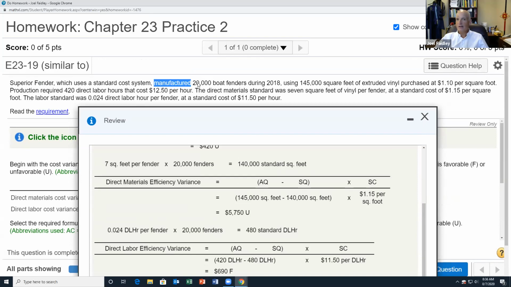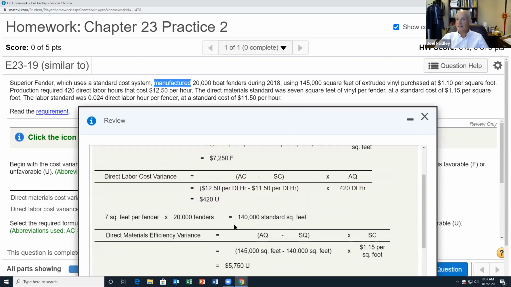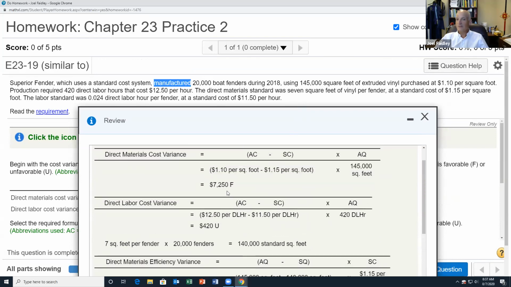So if I manufacture 20,000 actual fenders and I'm supposed to use 7 square feet, that's 140,000. That's what I should have used based on the actual production at the standard. So I used 5,000 more square feet, even though I got a good price, didn't I? So 5,750 unfavorable versus 7,250 favorable, I still came out ahead if you compare those two for just material.